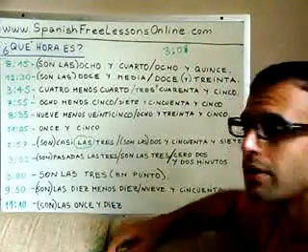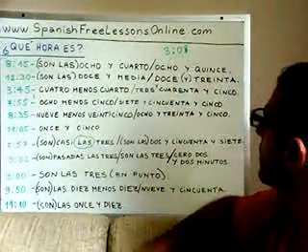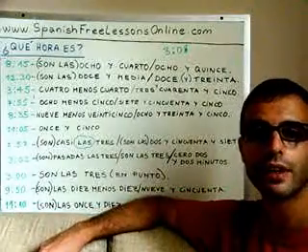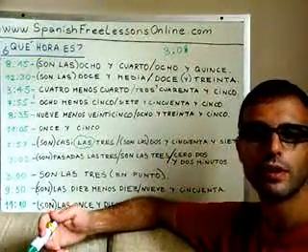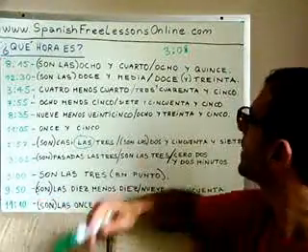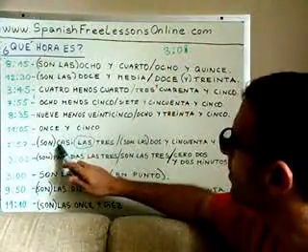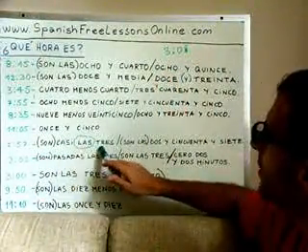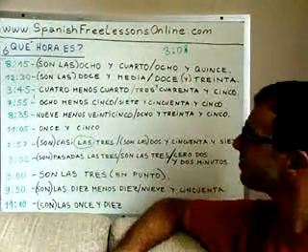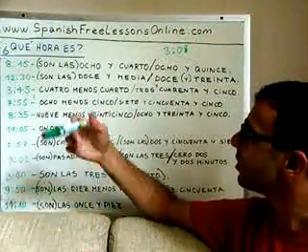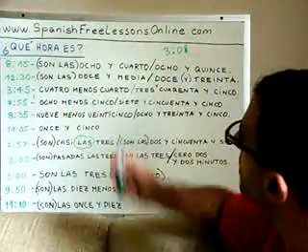Or you can simply say son casi las 3:10. It's almost 10 past 3. Casi las 3:10. Okay? So we can see any other example.